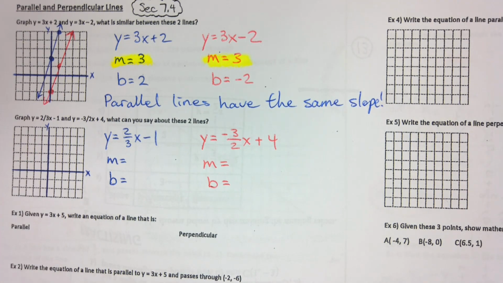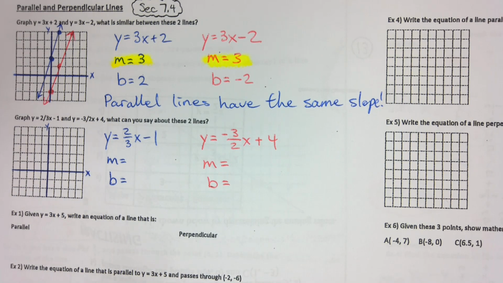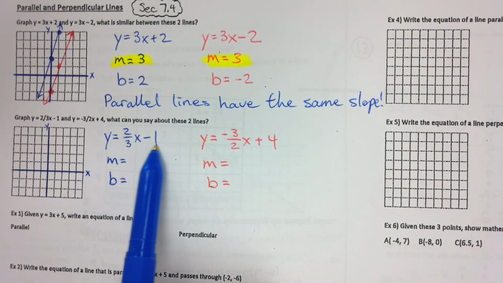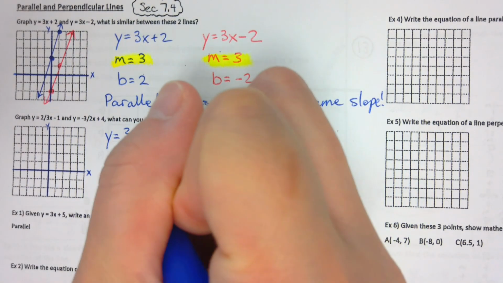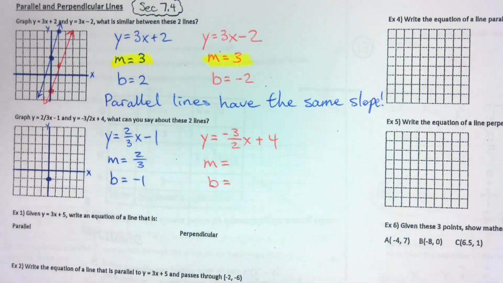What about this one? y equals 2/3 x minus 1. Let's see, who's next? What's my m? What's my b here? Okay, so I'm going to plot the -1 on my y-axis.